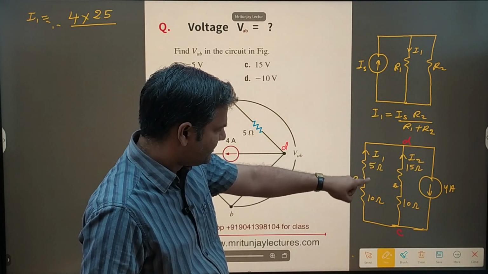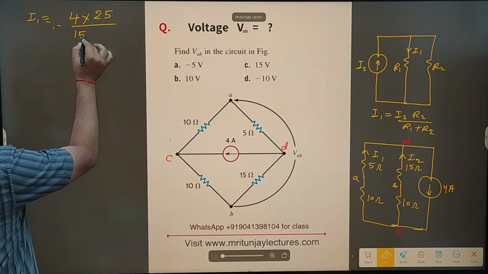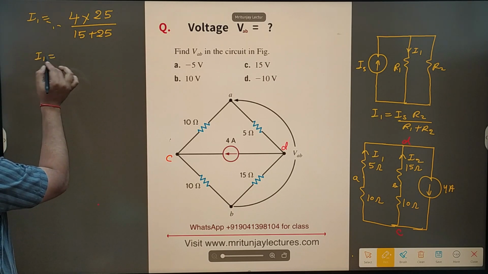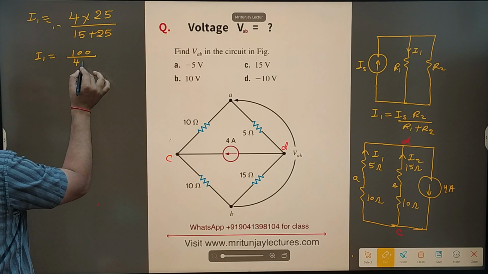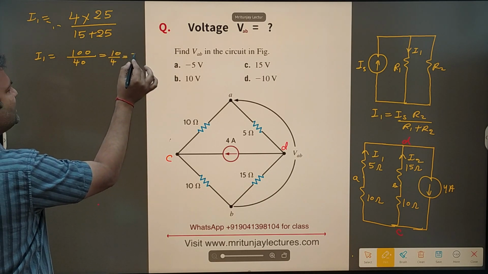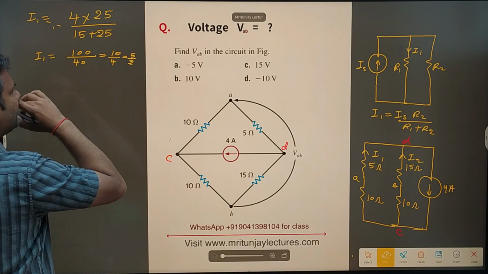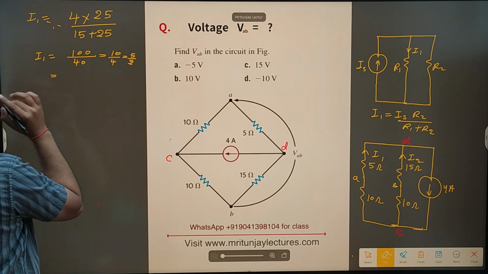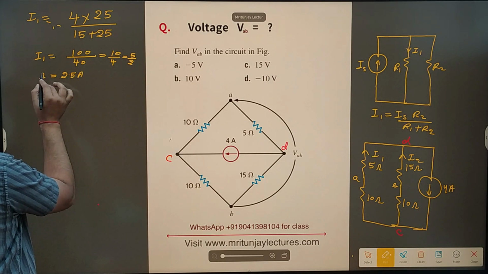That one 15 plus 25. So I1 is finally written as 100 divided by 40, that is 10 by 4. 10 by 4 means 5 by 2 ampere, which is 2.5 ampere. That is I1.